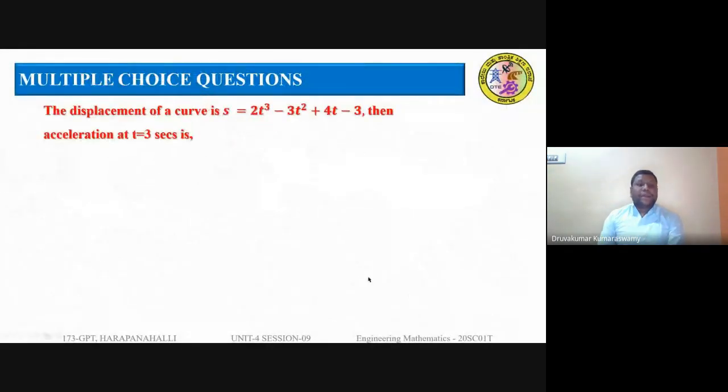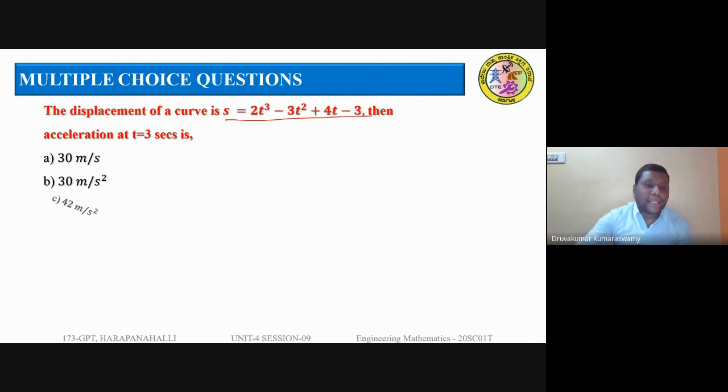Now we are going for another multiple choice question. The displacement of a curve is s is equal to 2t cube minus 3t square plus 4t minus 3. Then acceleration at t is equal to 3 seconds is. Here displacement is given. We have to find acceleration when t is equal to 3 seconds, right? First write s is equal to 2t cube minus 3t square plus 4t minus 3.